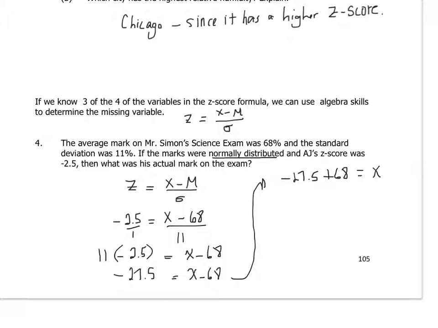You get 68 minus the 27.5, which gives 40.5. So AJ's mark was not great because he only got 40.5% on the exam.